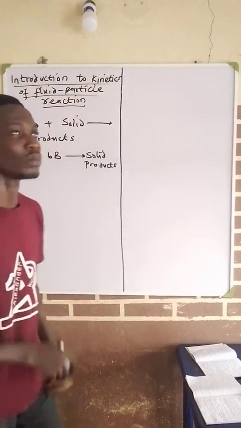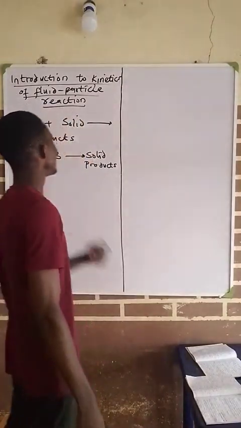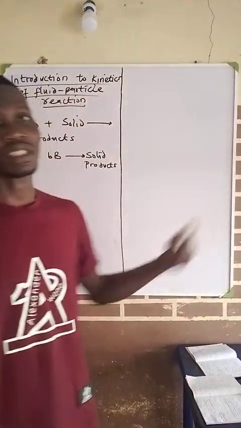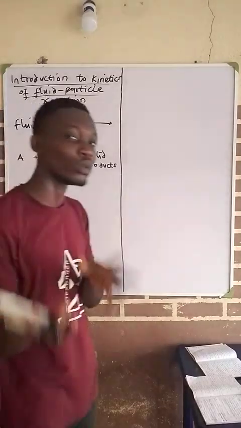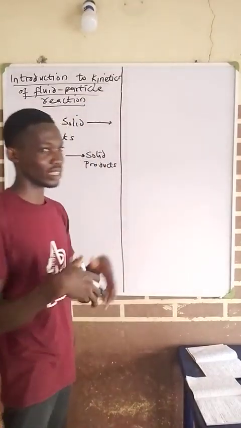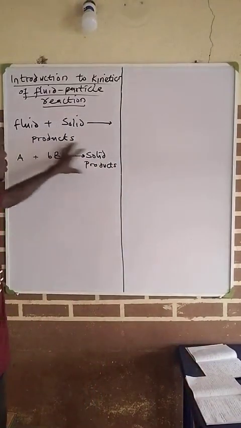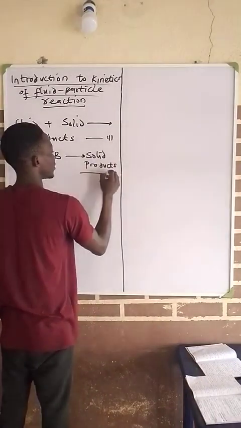Now, this type of reaction has many uses in the industrial setting, for example the roasting of sulfide ores to produce metal oxide, among other examples. This is the basic denotation, which we can refer to as equation 1 and equation 2.